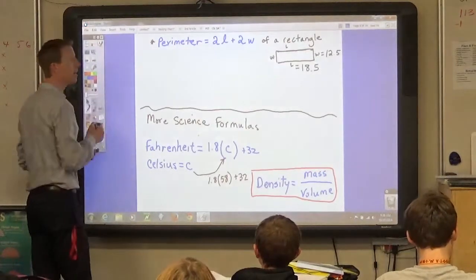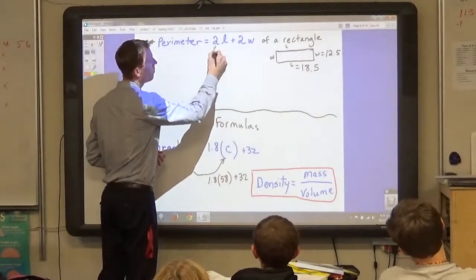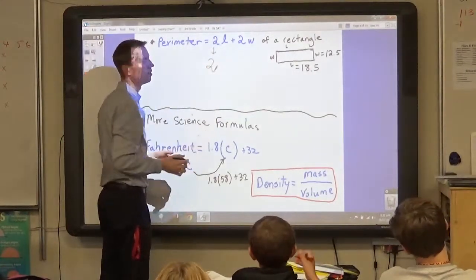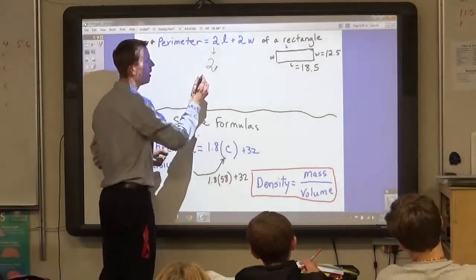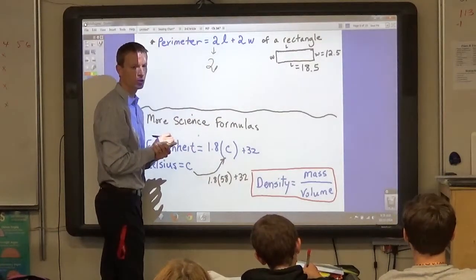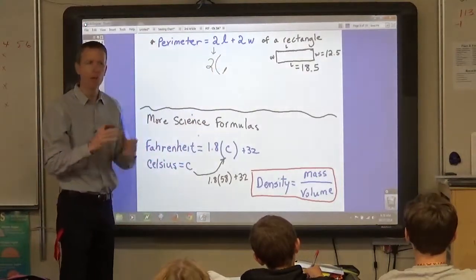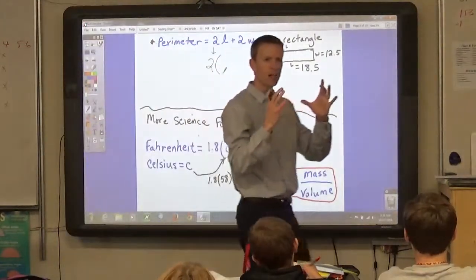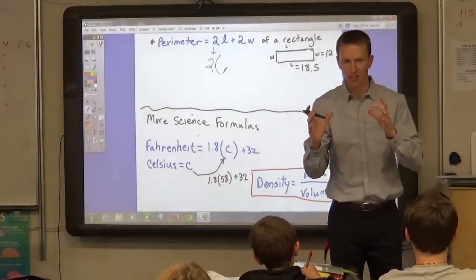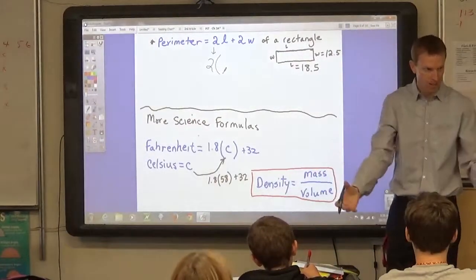Alright, let's just put them into the formula first. So we keep the 2 and write 2 times, and what times symbol are we going to use? Let's use parentheses. Remember when you substitute a number into a formula, put it in parentheses. Put the number in parentheses.